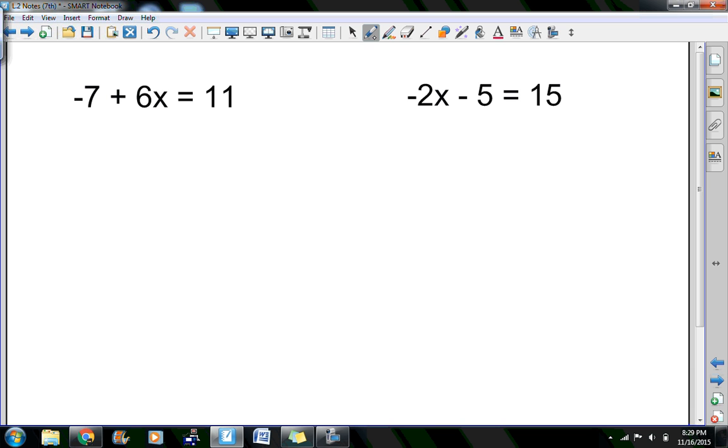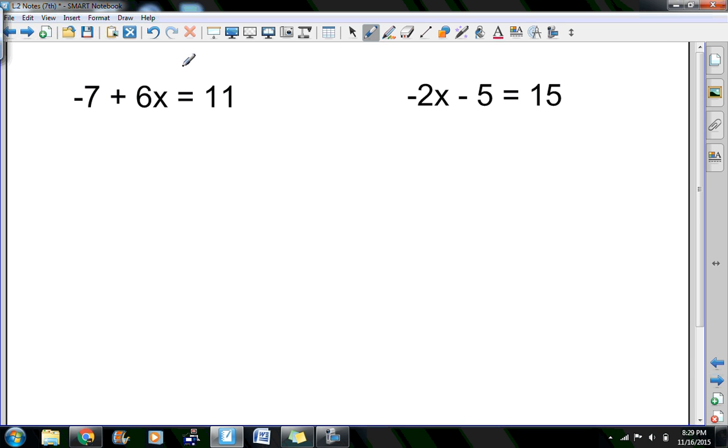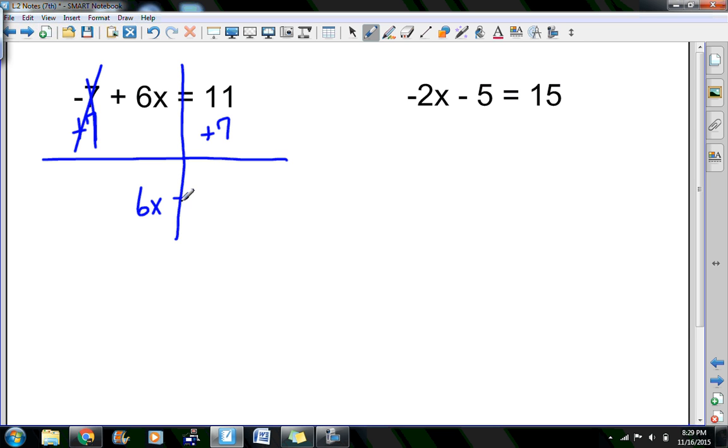All right, so I'm going to go through these problems a little quick. As always, if you have questions when I'm done, make sure you bring them up to me and we can work through them together. So my first step is I'm going to add 7 to both sides. And I create 6x is equal to 18. Now I want to divide both sides by 6.